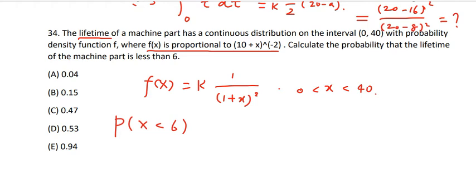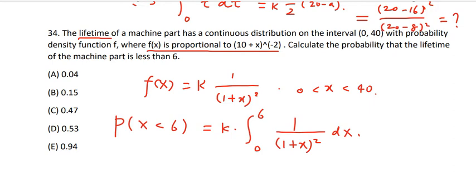So this is just this integration. We just put k here, from 0 to 6 of 1 over (1 plus x) squared dx. Just this integration.